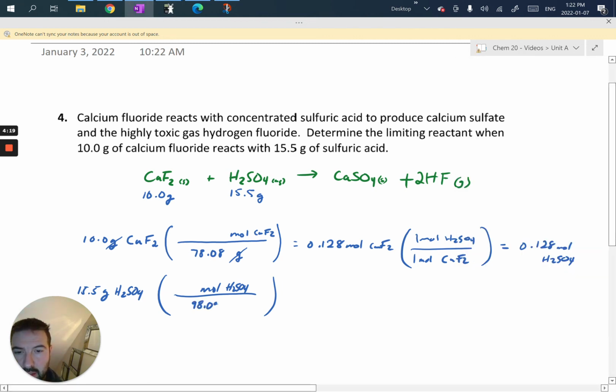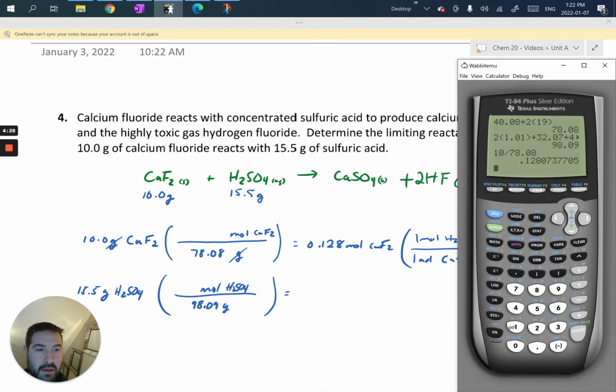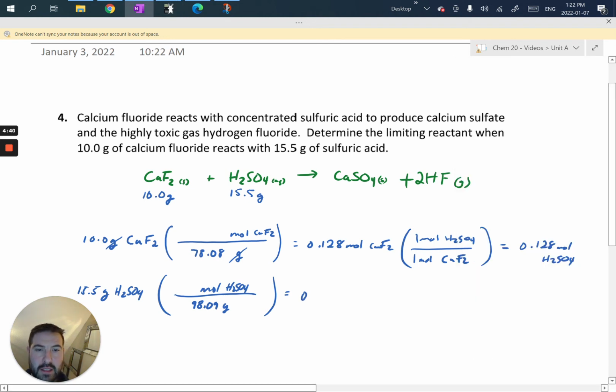So I calculate 15.5 grams divided by 98.09, and that gives me 0.158 moles of H2SO4.